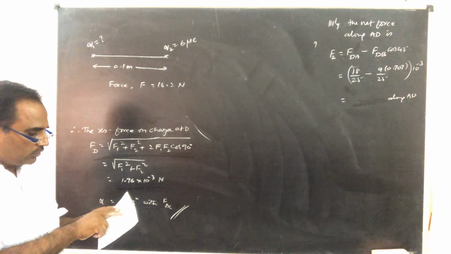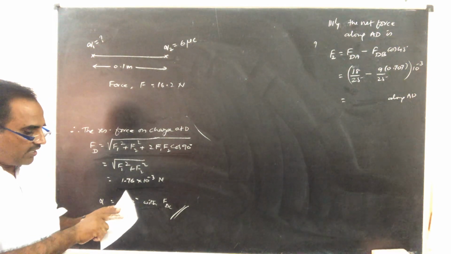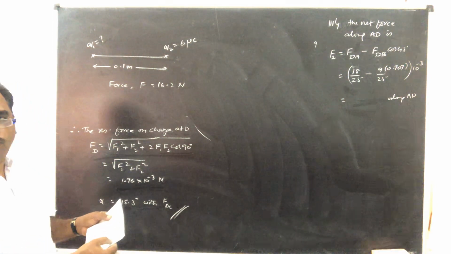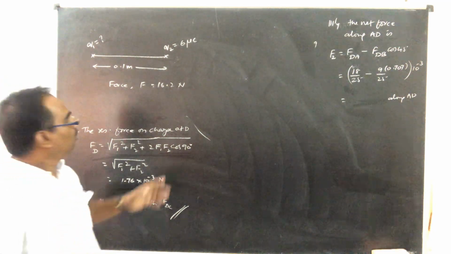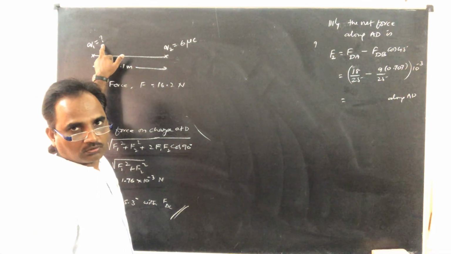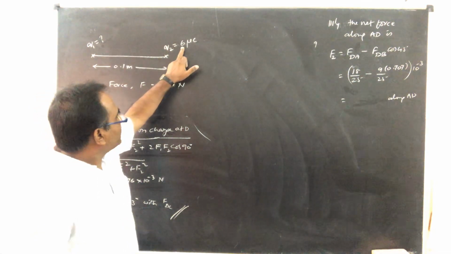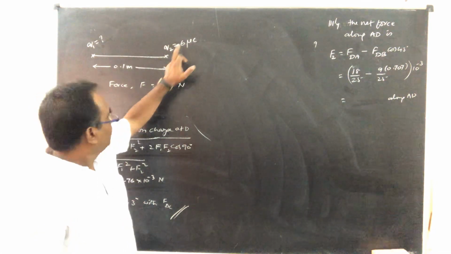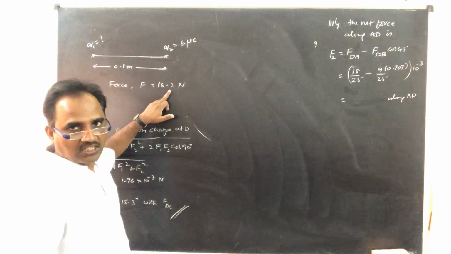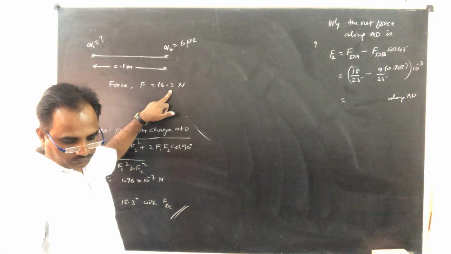So two positive charges A and B kept in air 0.1 meter apart experience a force of 16.2 Newton. So two charges like this, the magnitude of the first charge is not known, magnitude of second charge is given, they are separated by 0.1 meter, the force between them is given as 16.2 Newton.